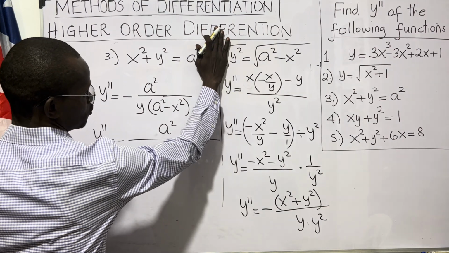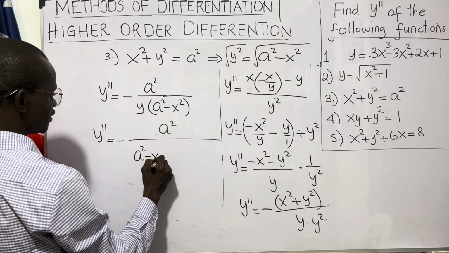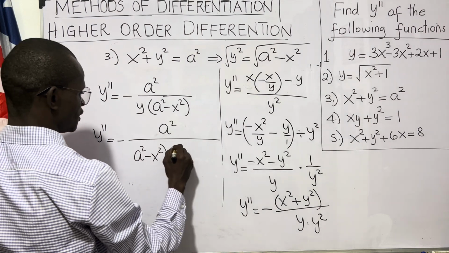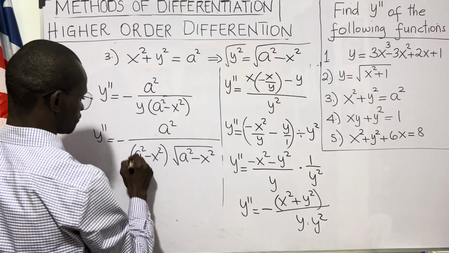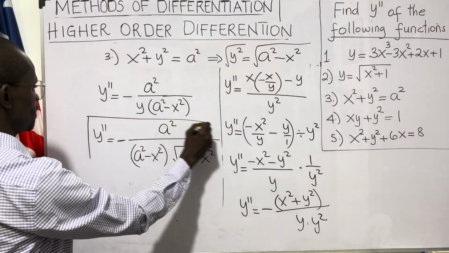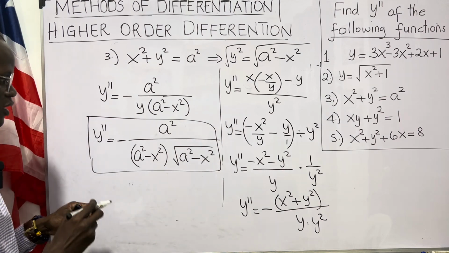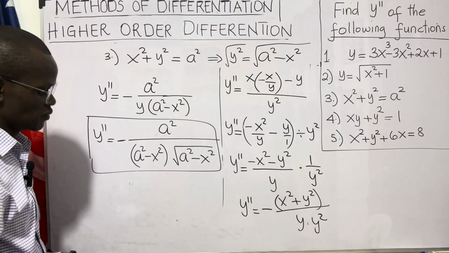The square root moves, and this is now the square root of a squared minus x squared. So this is just our final answer. We just try to simplify the problem into a simplified form. That's exactly what we were doing.